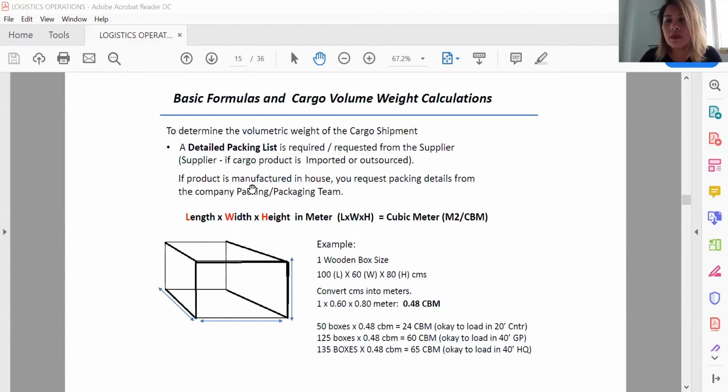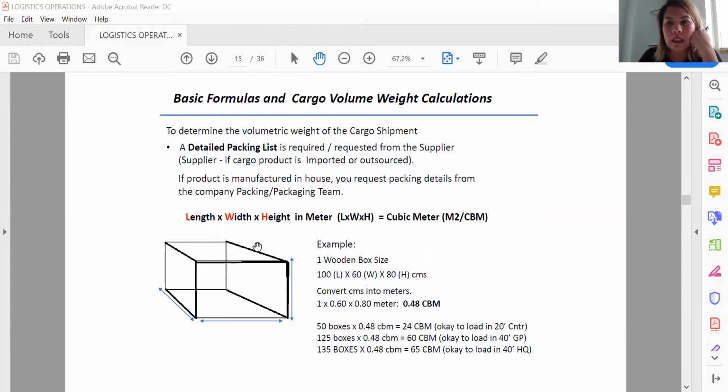You will be asking them all these details. You will be computing all these details. The cargo packing details, how it is packed. So let's start with calculating the volumetric weight. How do we do it?